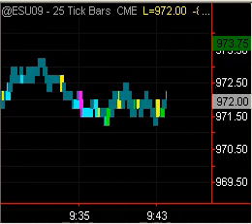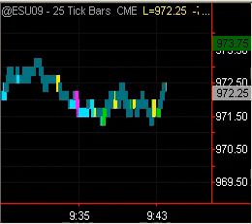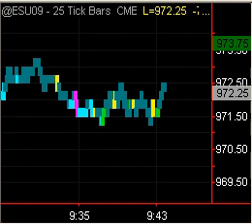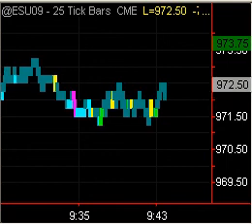If it just moved up enough to close that gap without a corresponding move down in the SPOOs, it may take a little bit more of a move up before that begins to happen.